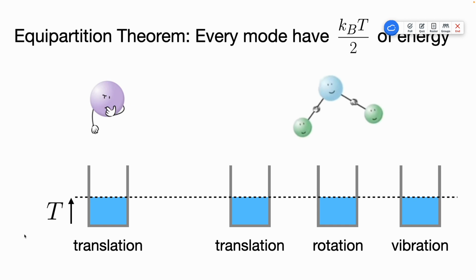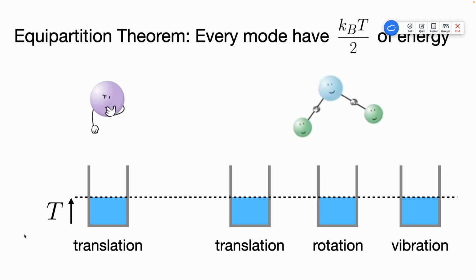Just like when you go to vote, everybody has the same amount of power when you are voting. The way to increase your power as a party is to have more people in your party. So even though under randomness, translation, rotation, and vibration are all the same, if a single molecule can do more things, they can start up with equal weight.